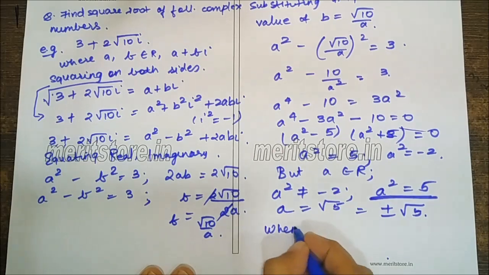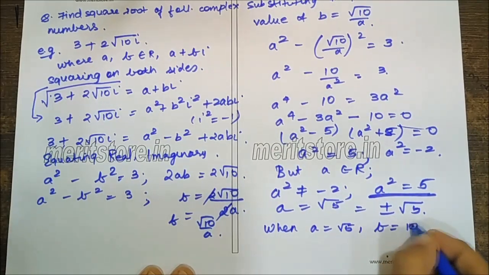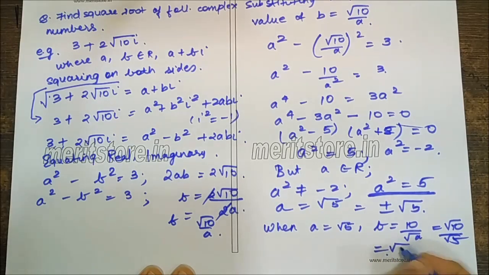When a is equal to root 5, b is equal to root 10 upon root 5, that is nothing but root 2.